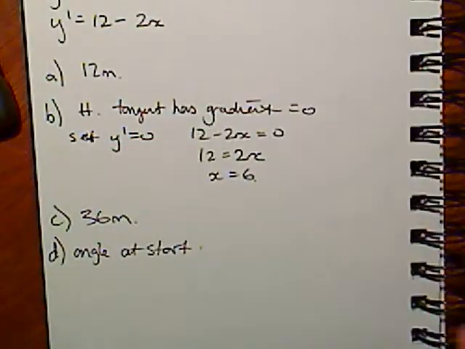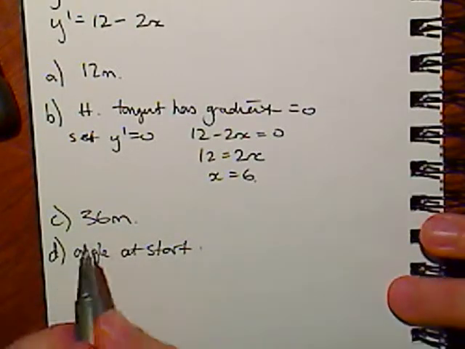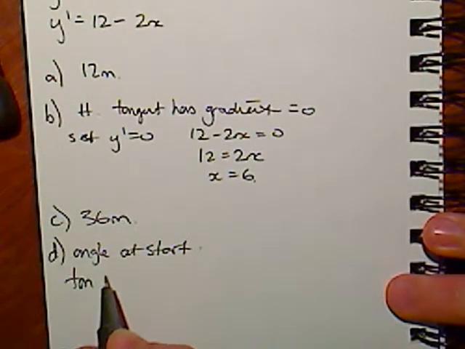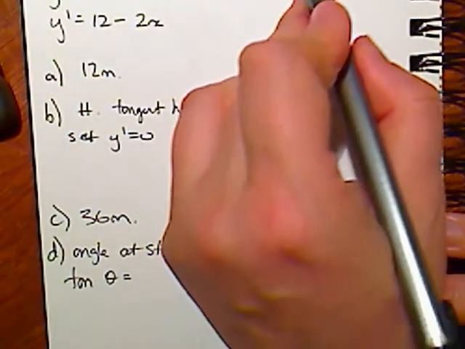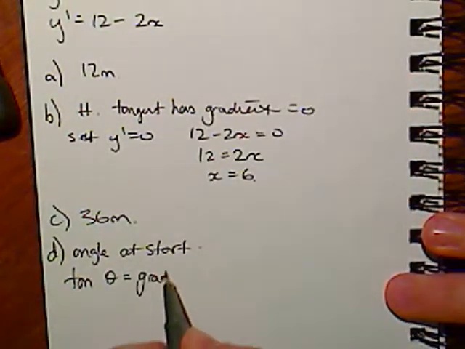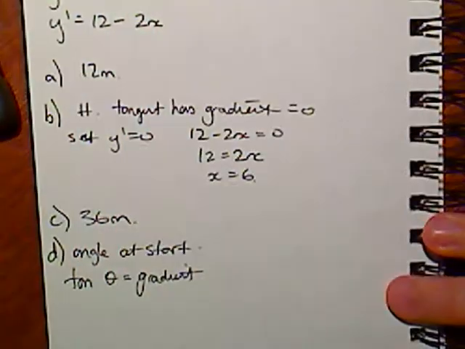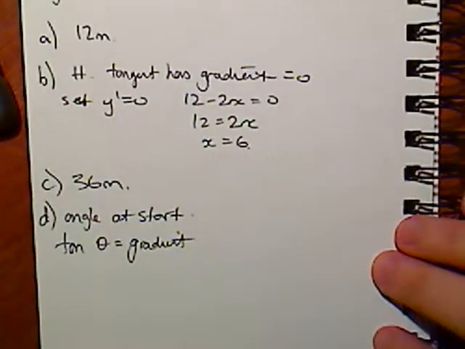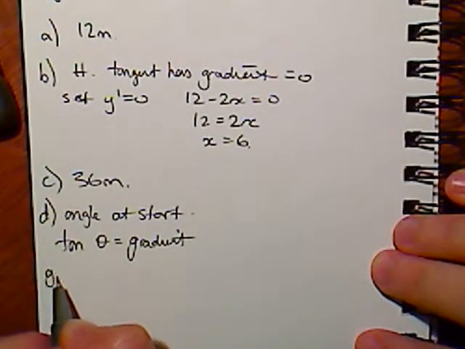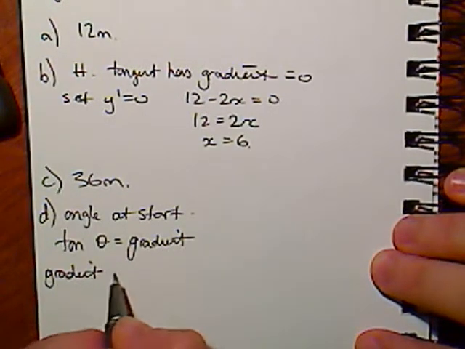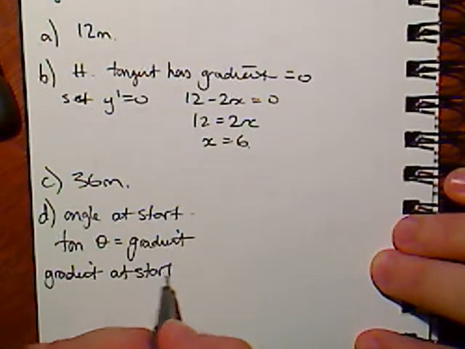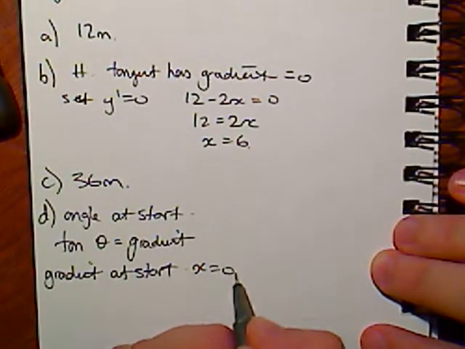We will be able to find the angle that it's thrown, knowing that tan theta will equal my gradient, where theta is my angle of that tangent. So we need the gradient at the start, which is when x equals 0.